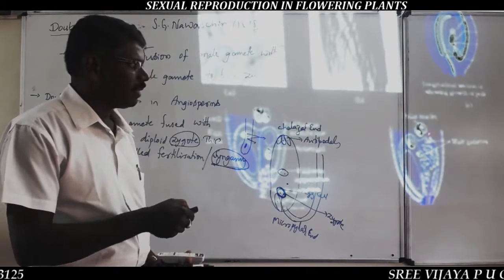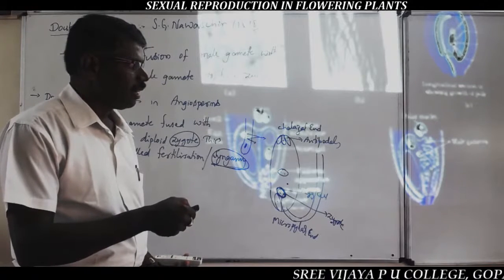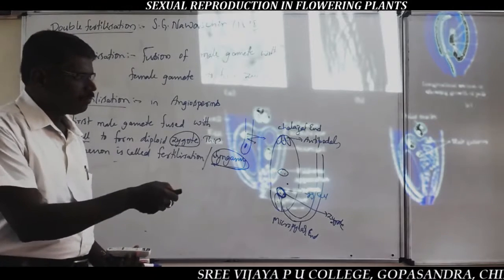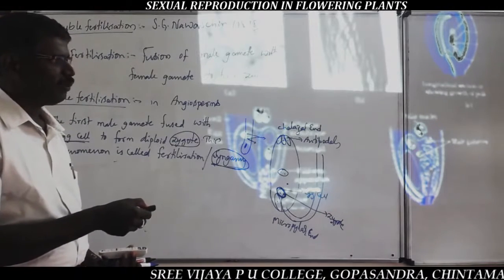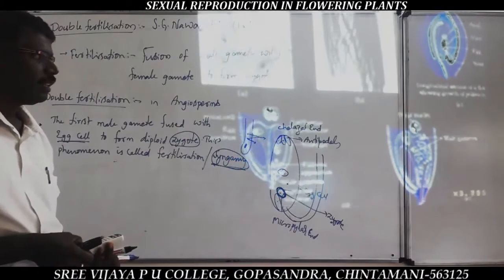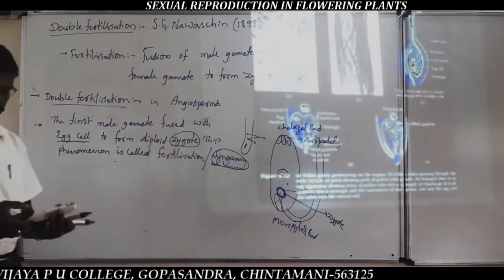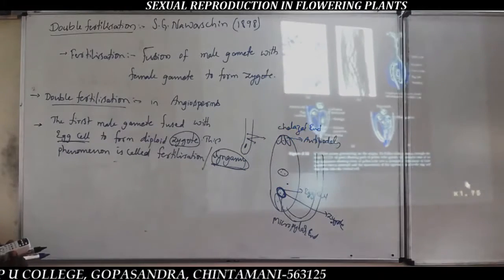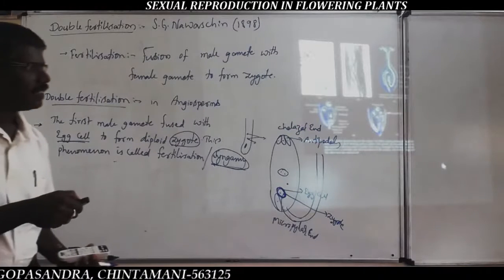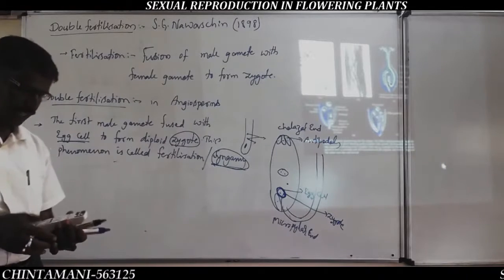The second male gamete fuses with the central cell or polar nuclei. So in the diagram, the first male gamete fuses with the egg cell, and it leads to the formation of a diploid zygote. The second male gamete fuses with the central cell.